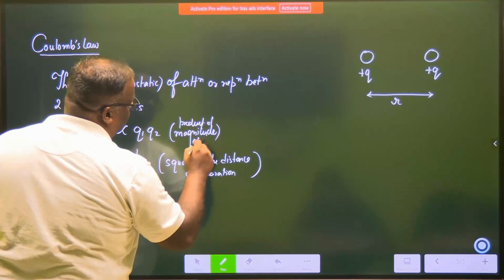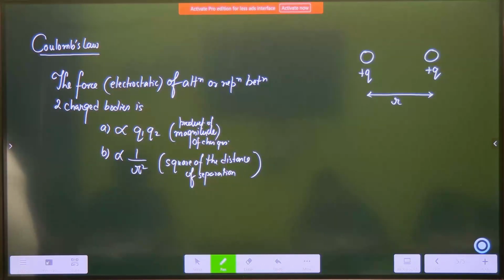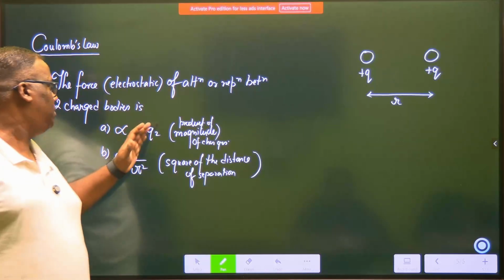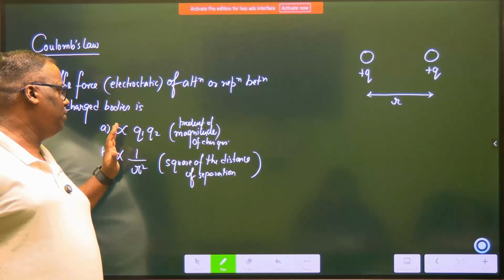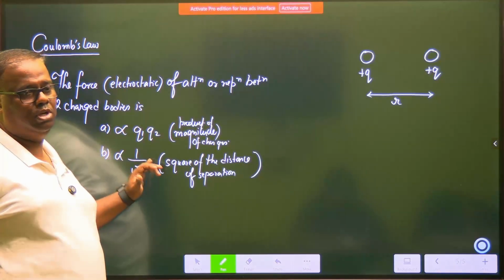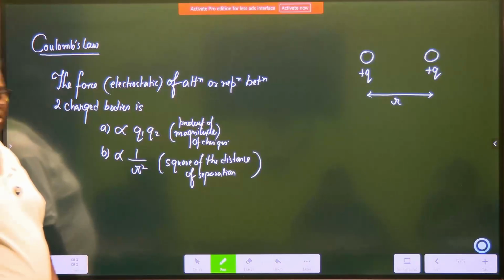The electrostatic force of attraction or repulsion between two charged bodies is directly proportional to the product of magnitude of the charges and inversely proportional to the square of the distance of separation, right?